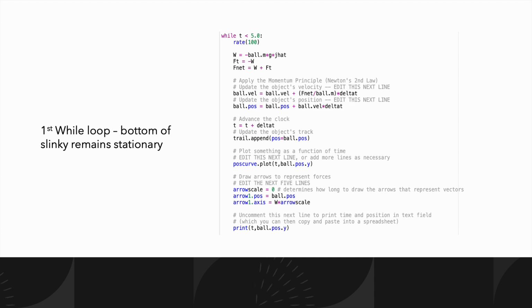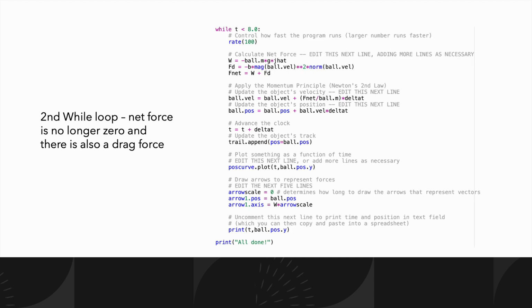So since the net force is 0, the tension force exerts an equal and opposite force to the force of gravity. So Ft is equal to negative W, and F net, which is 0, is equal to the weight plus the tension force. And next are the velocity and position update formulas to update the slinky's velocity and position.